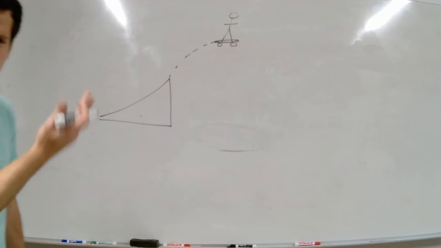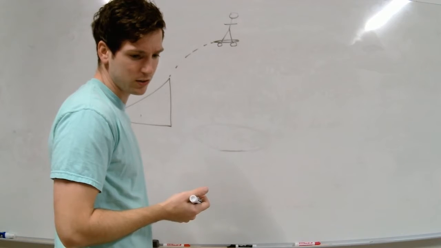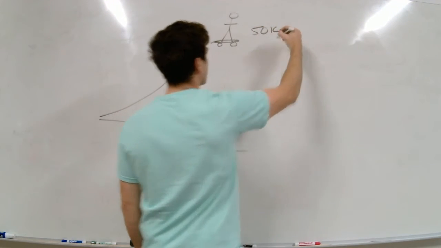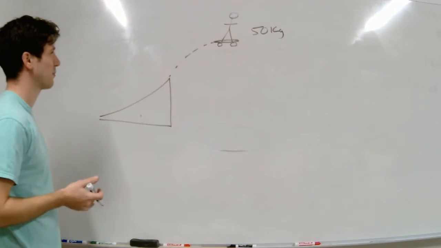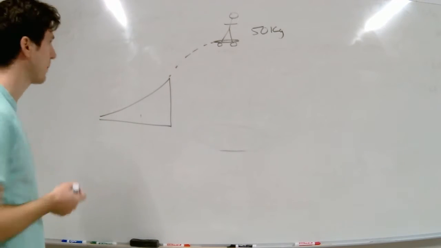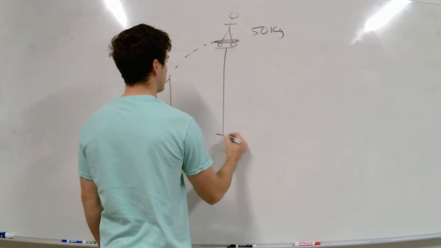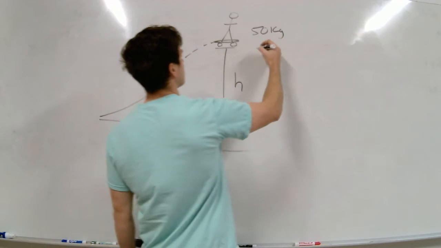We know that you and the skateboard, we'll say that you weigh, how about 50 kilograms? You and the skateboard, okay? 2.2 pounds per kilogram, so that's somewhere around 110 pounds, something like that. We want to know how high you are off of the ground if you have 12,000 joules of energy.